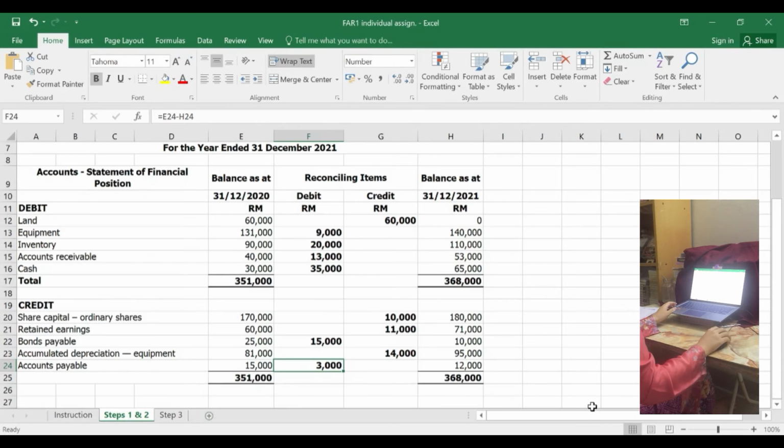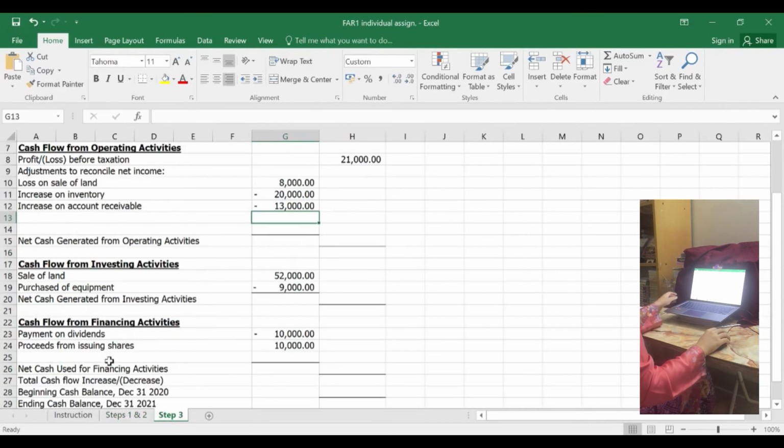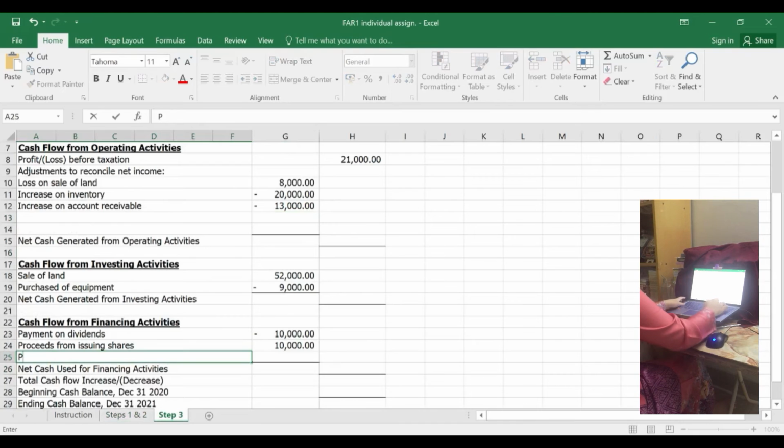And for the information, retained earning doesn't include in the statement of cash flow. We do not require to key in any amount for retained earnings. Next item include is payment of 15,000 for bond payable that is under financing activities.